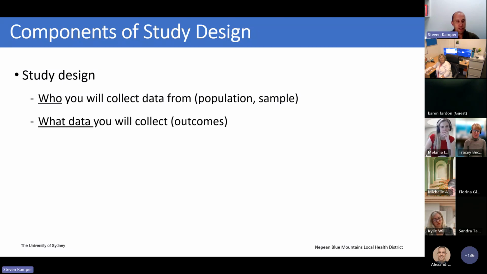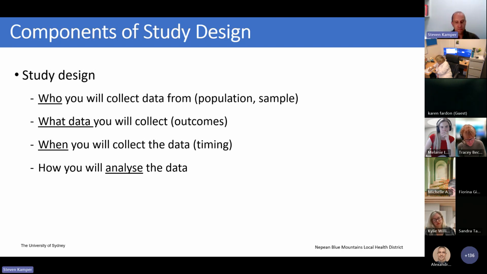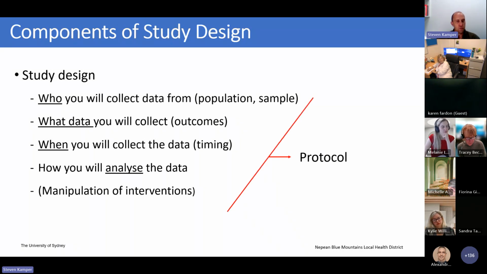They're what data you will collect, so the outcomes, the measures. They're when you're going to collect the data, so the timing of that. How you're going to analyze the data. And depending on the study you do, you may want to talk about which interventions are involved as well. And these all need to go into a protocol before you start the study.